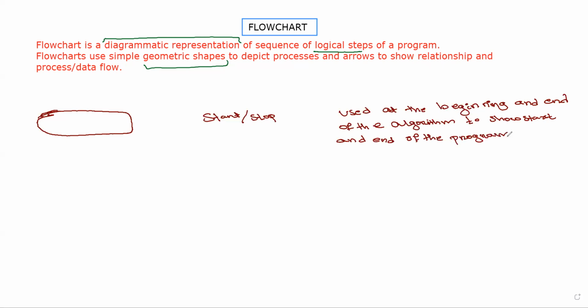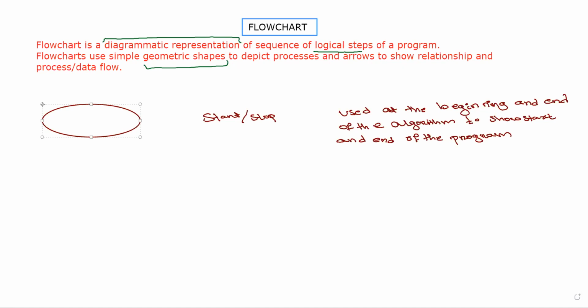So this symbol is generally used for start and stop. If you are getting any confusion, no problem. Let me remove this part and draw it like this. So this one is the thing.